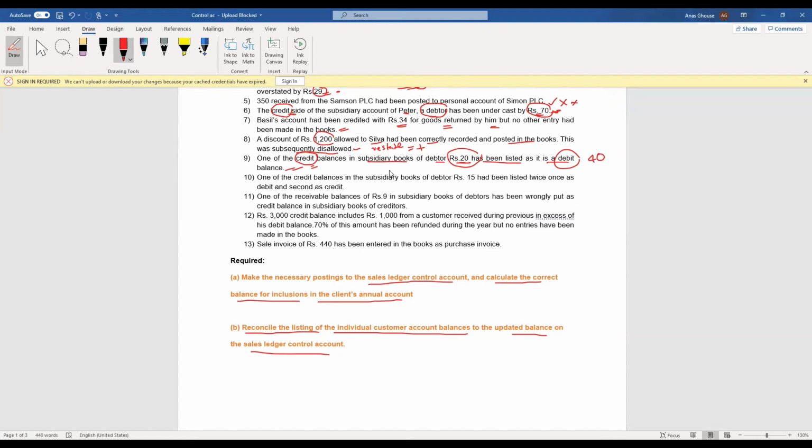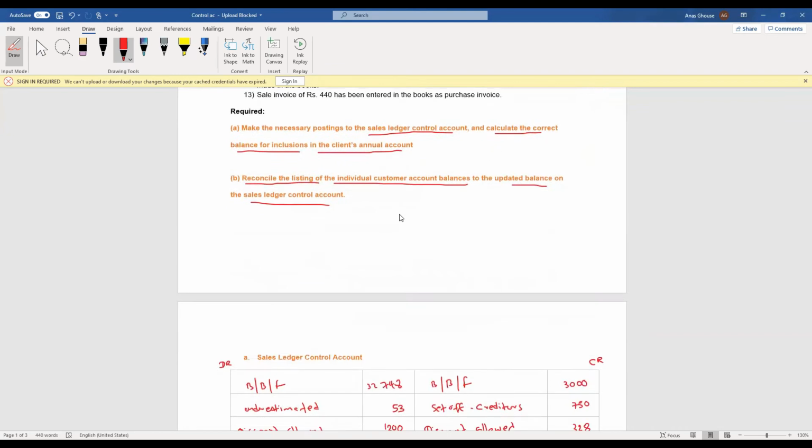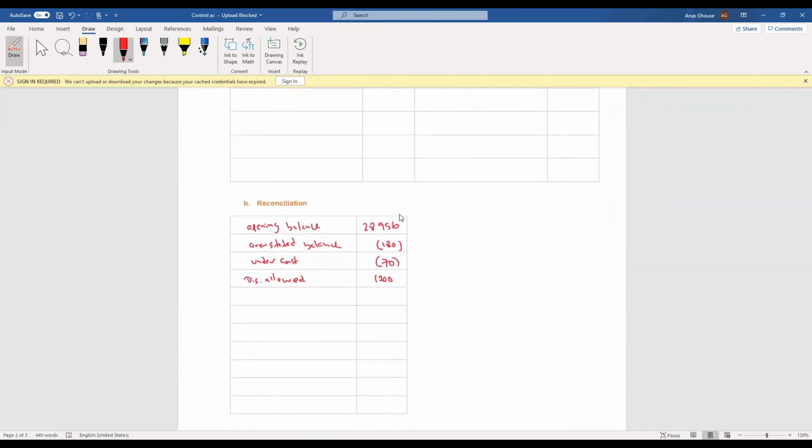Okay, so the error is in the subsidiary ledger, which means the sales ledger, individual customer balance. Since it's a credit balance, the 40 has to be deducted.